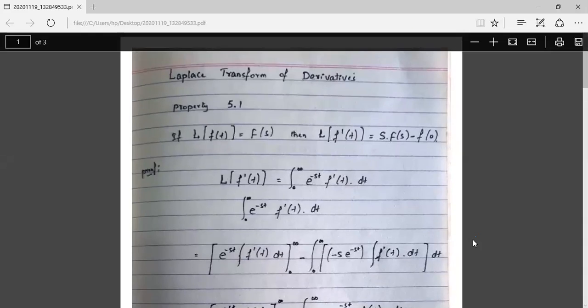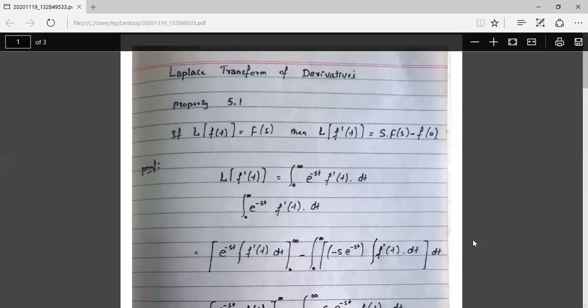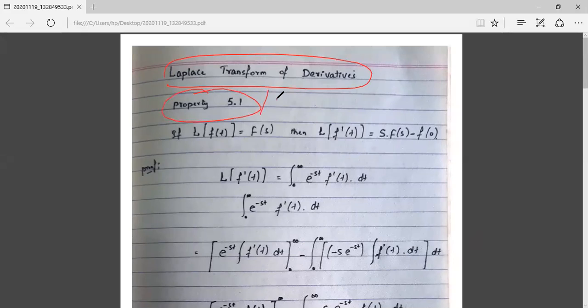Okay, so this is the Laplace transformation of derivative, property number 5.1. Okay, so let me start.